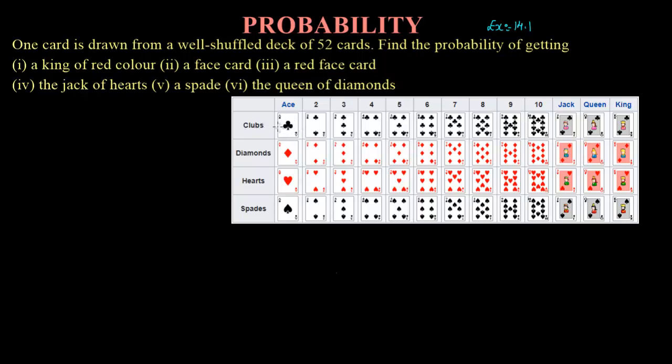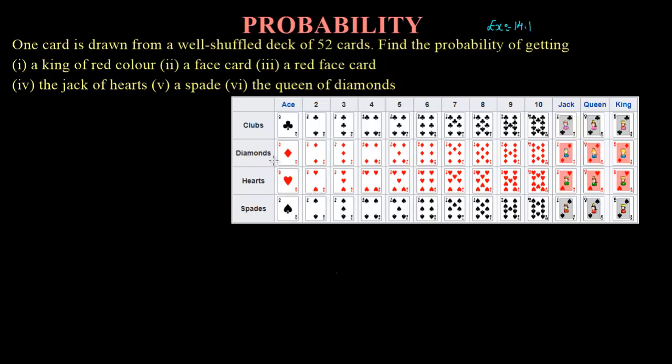And how many clubs are there out of 52 cards? You can observe it is 10. The 1 is not called 1 in the cards, it is called ace. So from 1 till 10 is clubs. Then we have diamonds, that is also 10 cards. Then we have hearts, that is also 10 cards. And spades is also 10 cards.